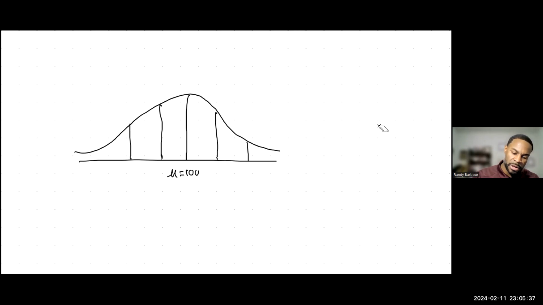We have our mean of 100 and a standard deviation of 10, so this should be 110, and this should be 120. One standard deviation below the mean would be 90, and two standard deviations below the mean would be 80. And again, we go down here.